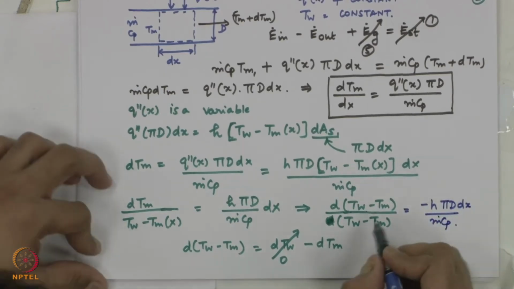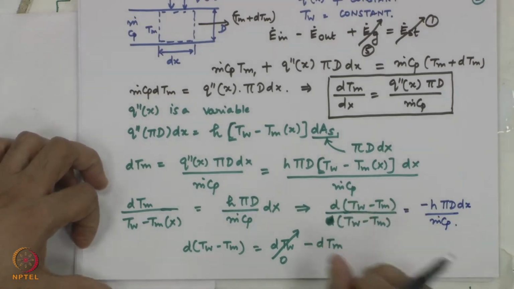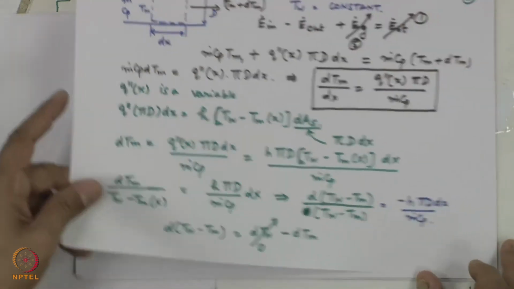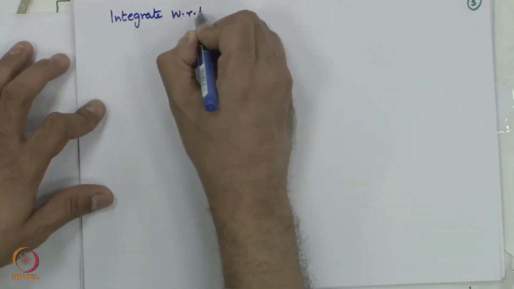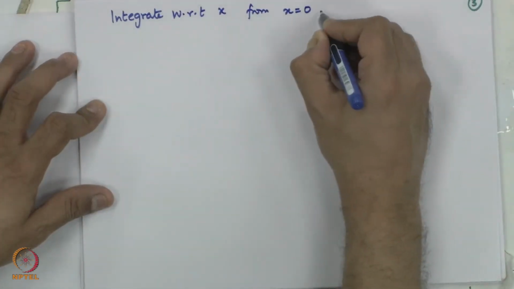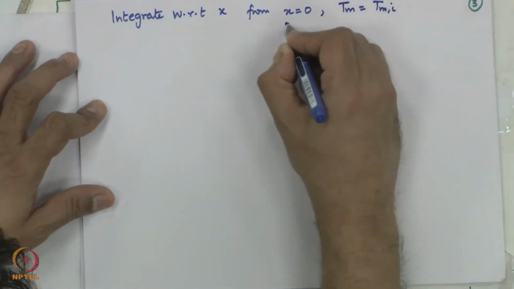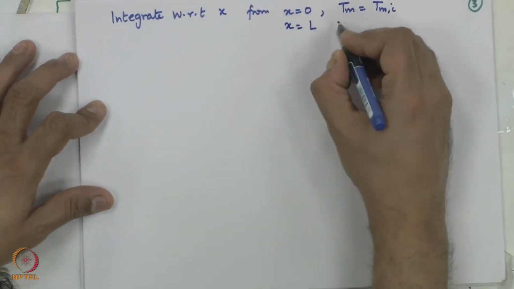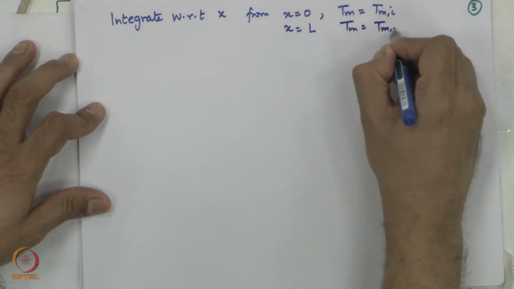Now, you have a function which is d of a quantity divided by that quantity, which on integration gives me, integrating with respect to x within limits from x is equal to 0, where T bulk mean is equal to T bulk mean inlet, to x is equal to L, where T bulk mean is equal to T bulk mean exit.